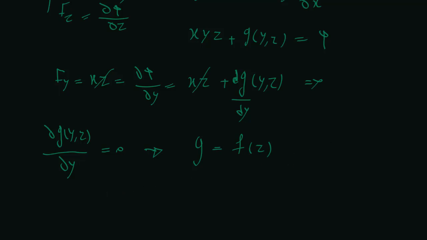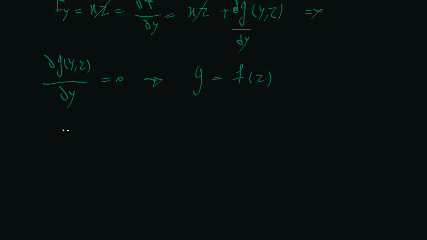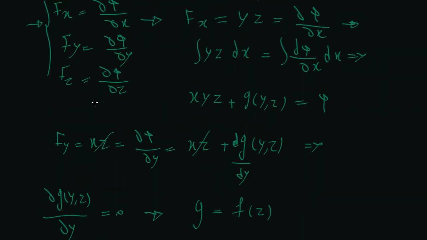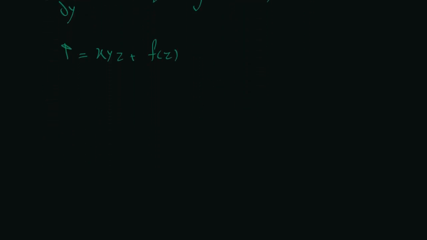So we have phi equal to xyz plus f of z. And now we use our third equation, which says fz should be equal to the derivative of phi with respect to z. So we have fz, which is xy, should be equal to the derivative of phi with respect to z.